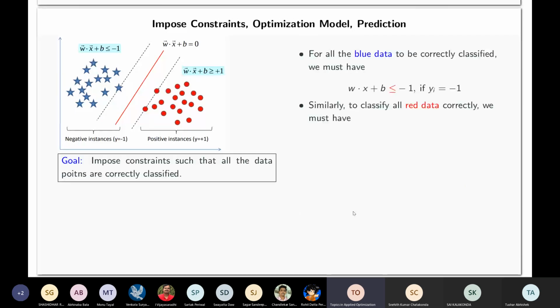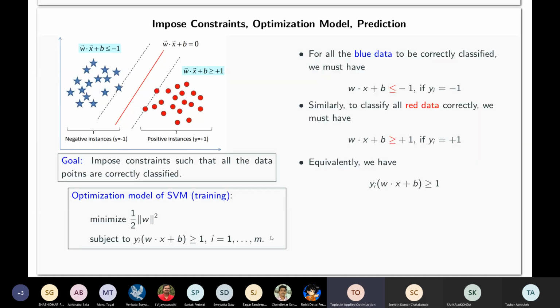We also saw that there are constraints, because this data must lie on this side of the hyperplane, and this red data must lie on this side of the hyperplane. So these two inequalities must additionally be satisfied. If we combine these two, this is the combined form of the inequality, and this is the optimization problem that we are supposed to solve.